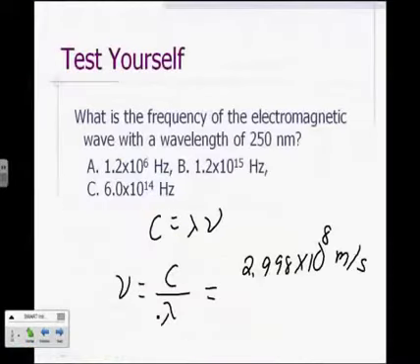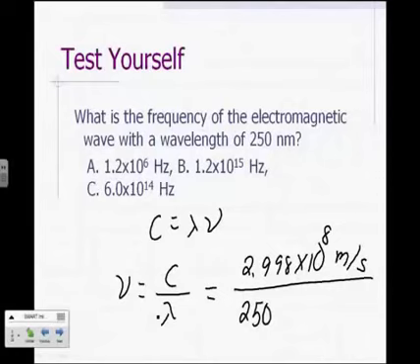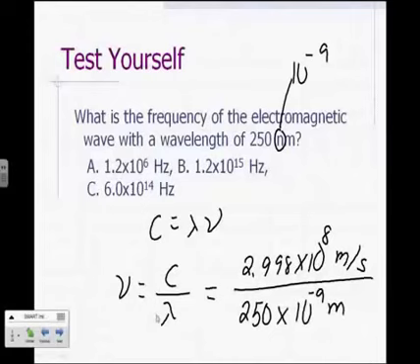So 2.998 times 10 to the 8 divided by 250 nanometers. What's a nanometer? Nano is 10 to the negative 9. So 250 times 10 to the negative 9 meters. So meters cancel out.